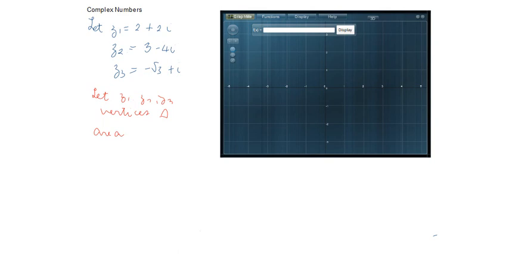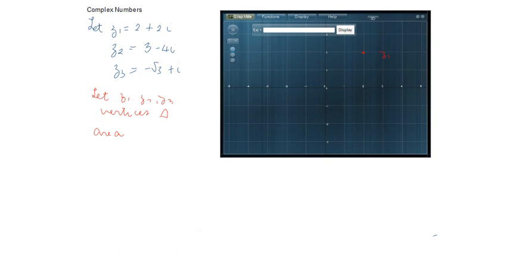Since these are vertices of a triangle, we can plot this in the diagram. So 2, 2, let's have it here. Let that be our C sub 1. I'll just use C sub 1, although you can use 2 plus 2i or the coordinates (2, 2).